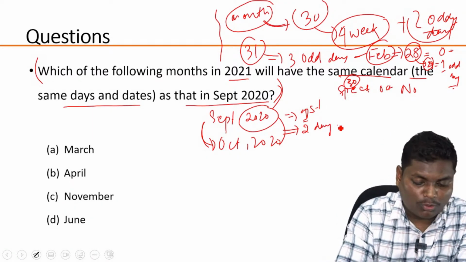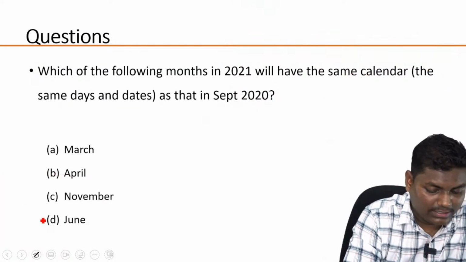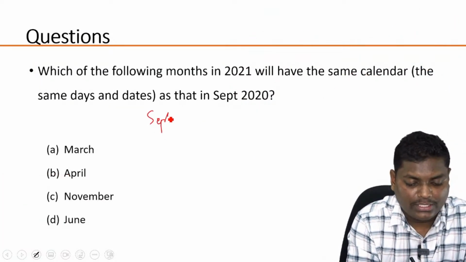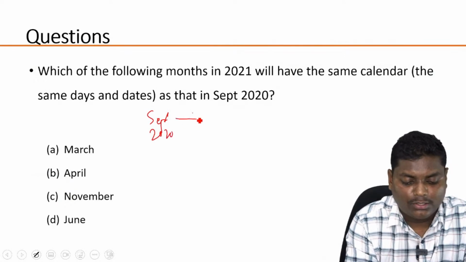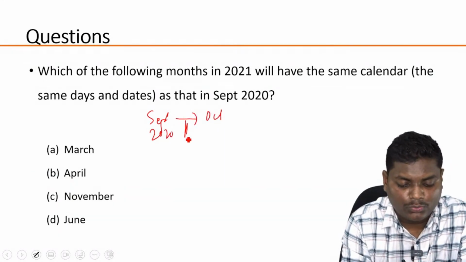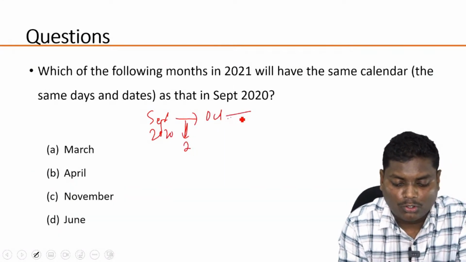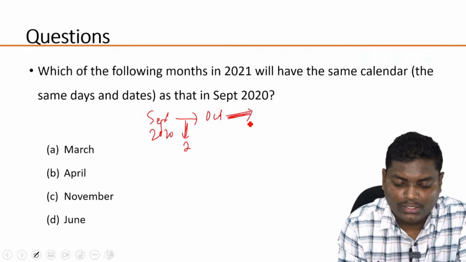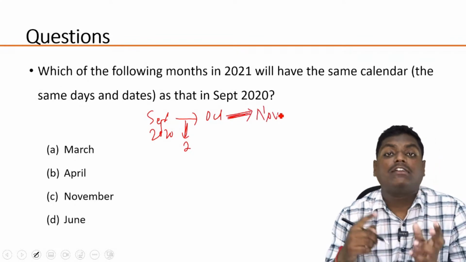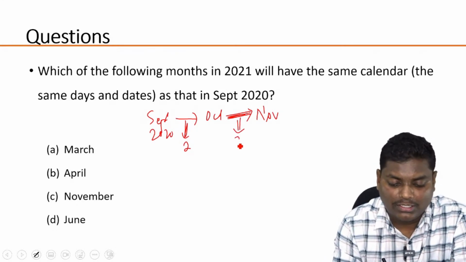Similarly, if we move from October to November, I'll just rewrite this. From September 2020 to October, we are having 2 odd days. From October to November, it's 31 days, so it's 3 odd days.